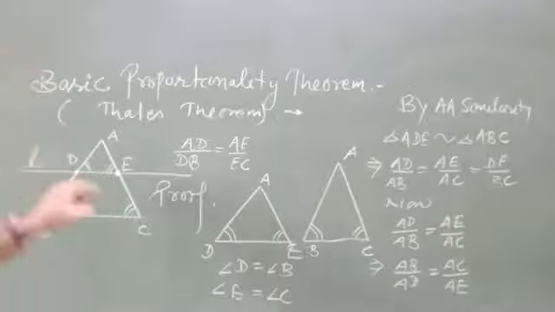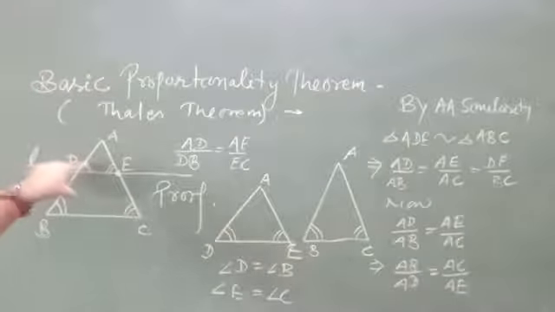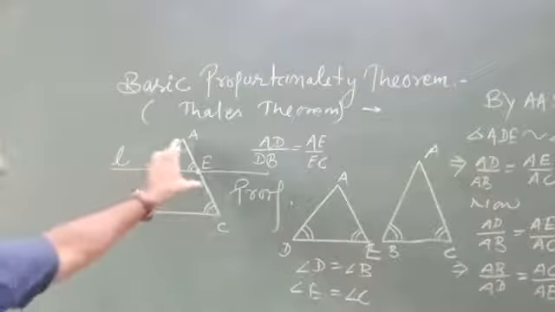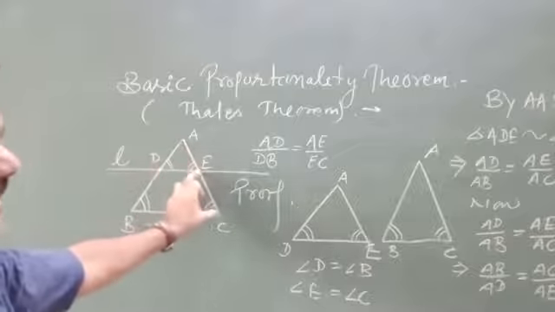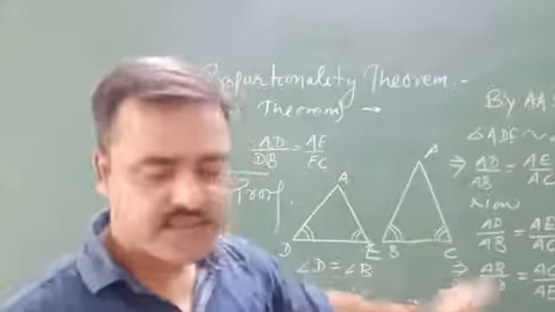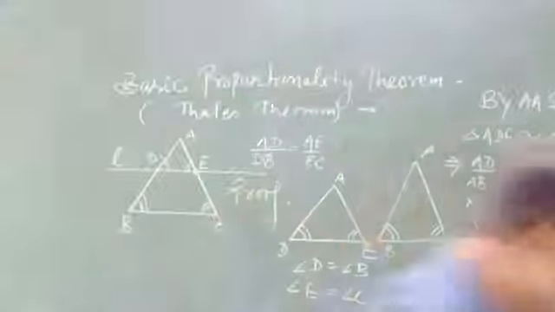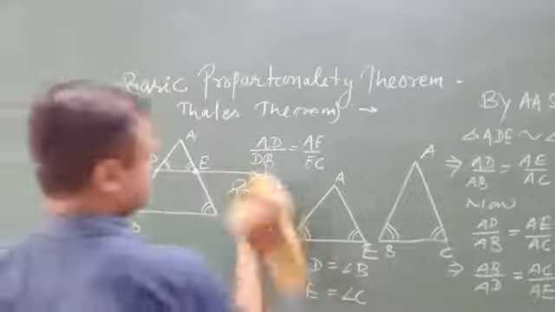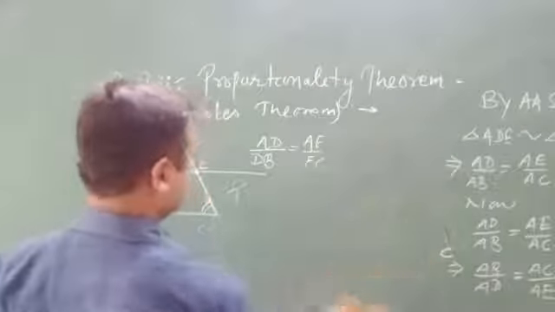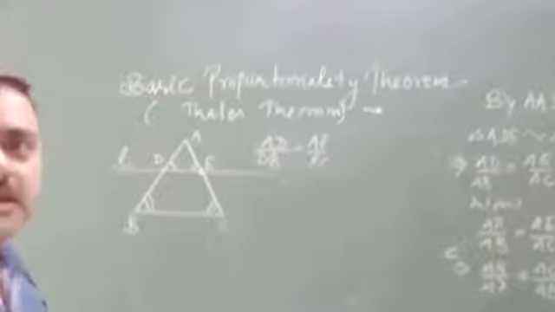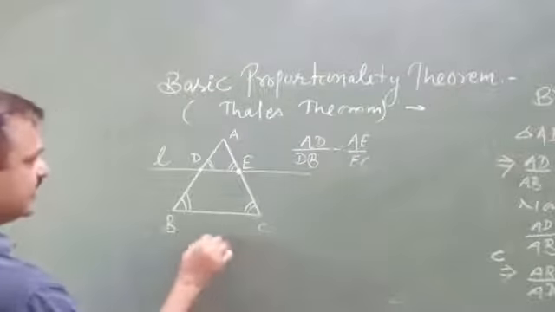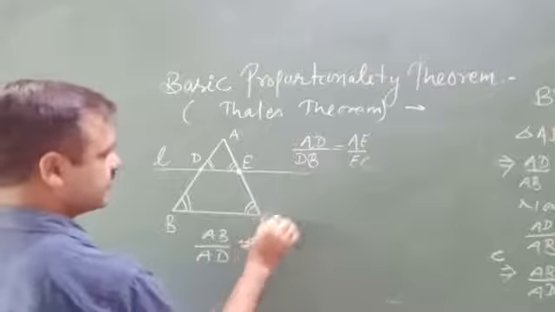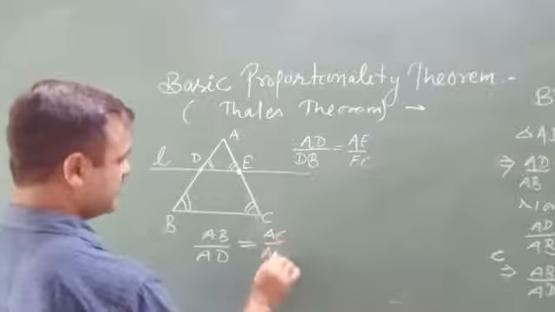Now here you can see AB can be written as AD plus DB, and AC can be written as AE plus EC. So by using this relation, AB upon AD equals AC upon AE, what can we write here?